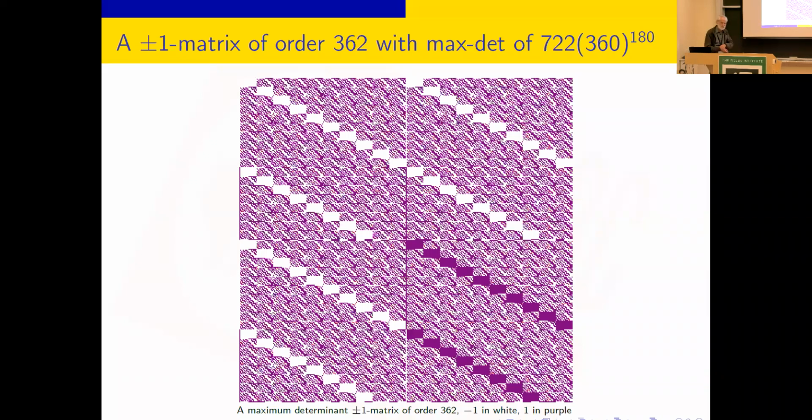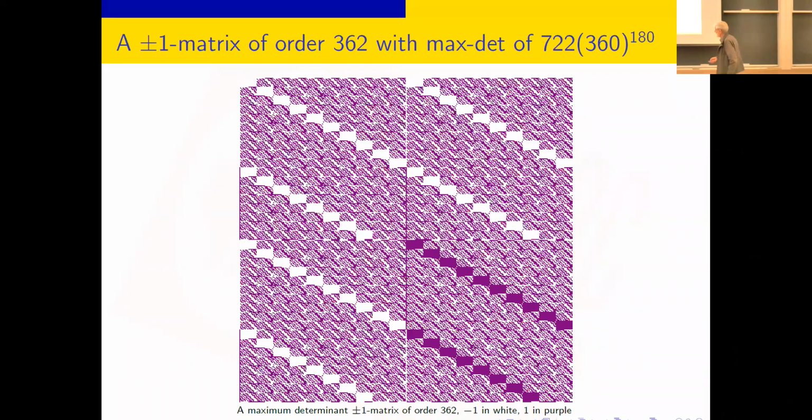Either you get the smallest or the largest determinant possible among all the matrices of this size. So then what we can do, we can actually put 4 of these together, and we're going to get another maximal determinant.